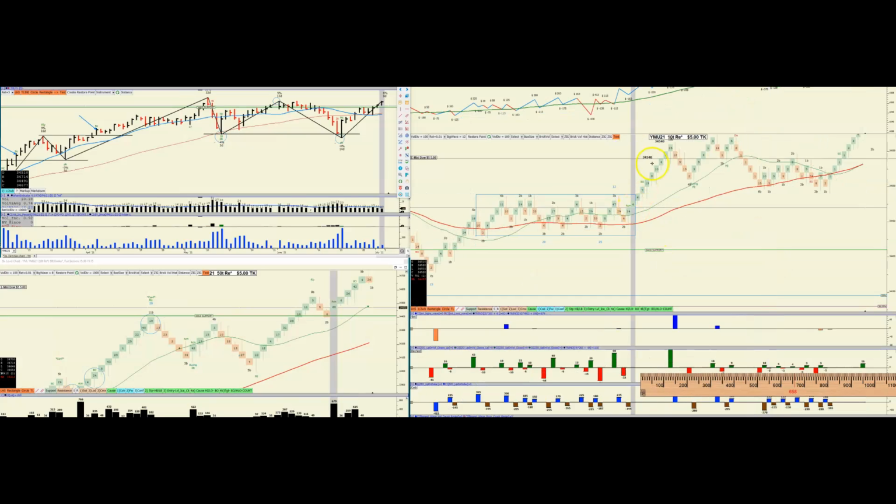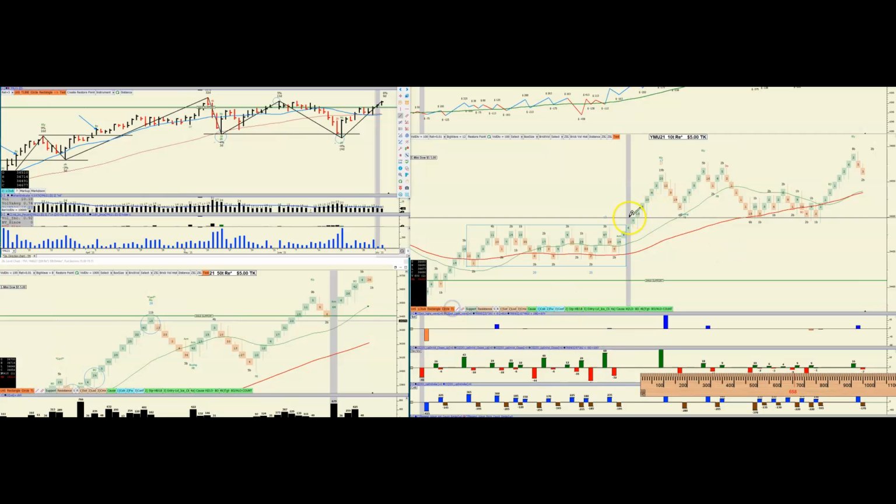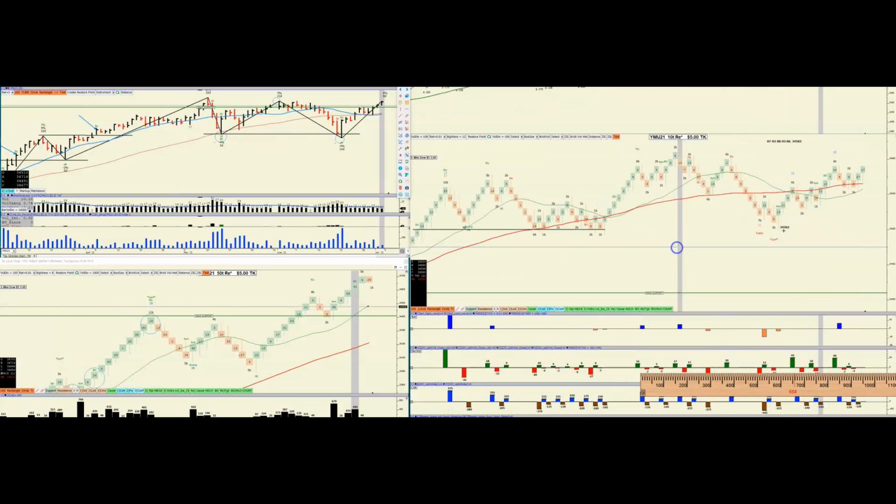And then finally it breaks out right over here, rallies on heavy price and volume action, and that's exactly the point where it presses and continues to trend.